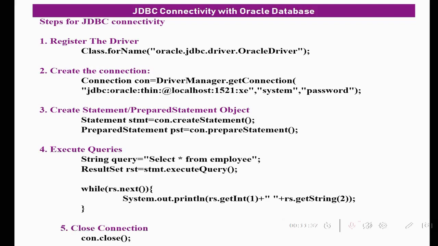With the help of a loop, that is while rs.next, and we will display the values of our data from here. Now the last step is to close the connection, con.close. Remember, always close the connection in JDBC, otherwise it will cause a slowness problem in our database.